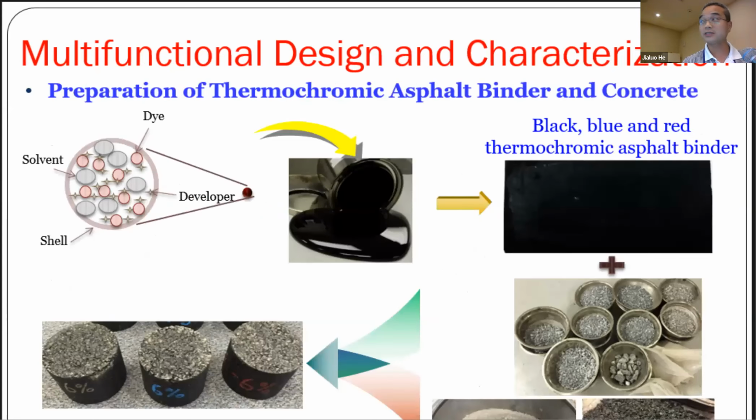So with this idea, we looked into intensive study from material design, from the asphalt binder design to the asphalt concrete design, and see what the potential benefits are if we leverage this active material in the pavement design.